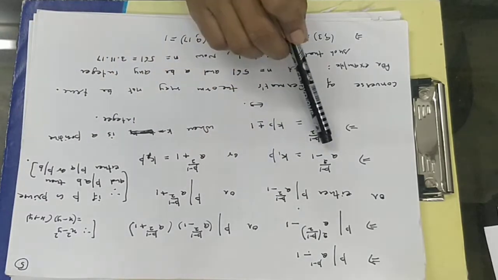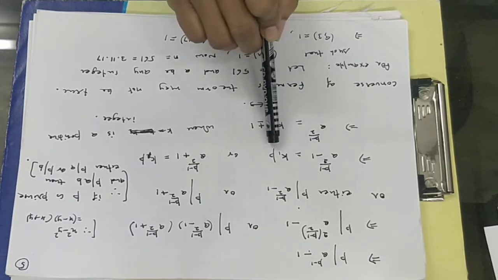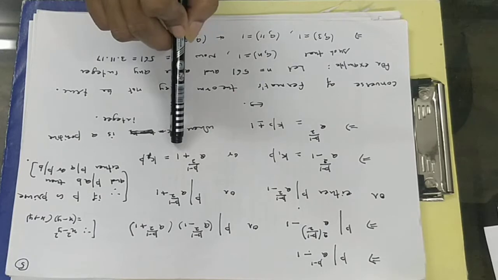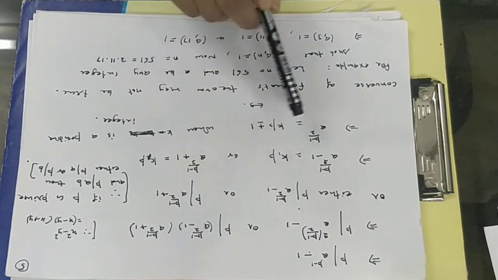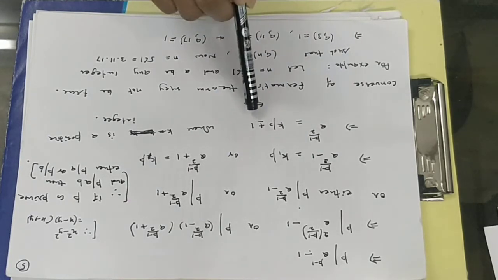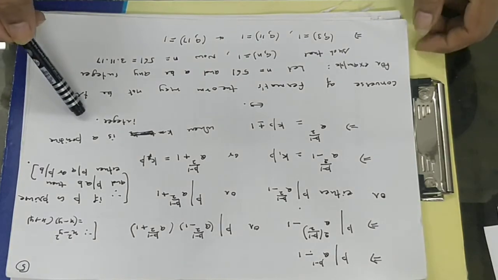So from here we can say that a to the power (p minus 1) over 2 minus 1 equals k1p, or a to the power (p minus 1) over 2 plus 1 equals k1p. Both of these imply that a to the power (p minus 1) over 2 equals kp plus or minus 1, where k is some positive integer.